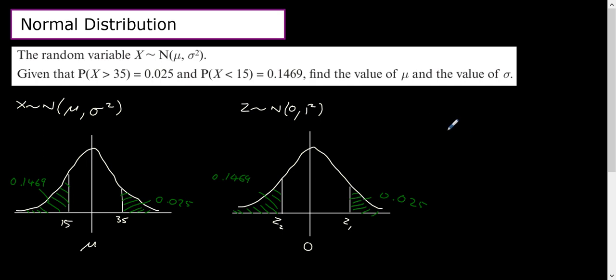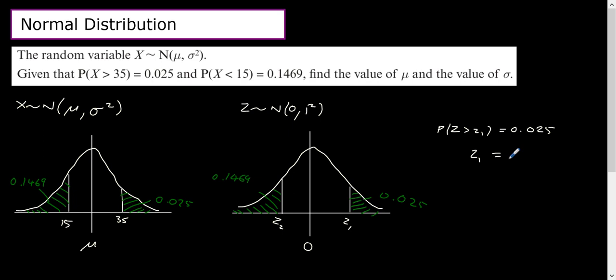So let's do that. The probability of Z being greater than Z1 is 0.025. That's from this side here. So Z1, if we use the inverse normal, the area is going to be 1 minus the 0.025, so 0.975.